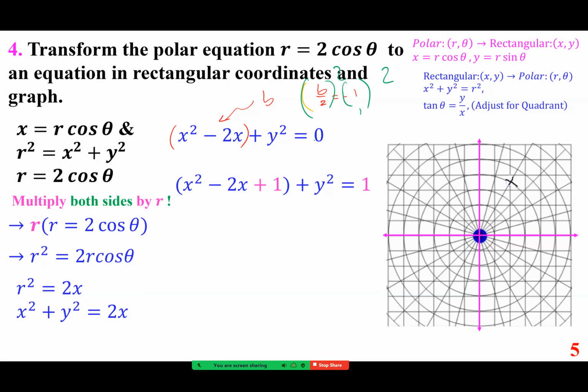You have to square it. So this is x minus 1 quantity squared, plus y squared equals 1. So we are looking at a circle centered at 1, 0 with the radius 1.